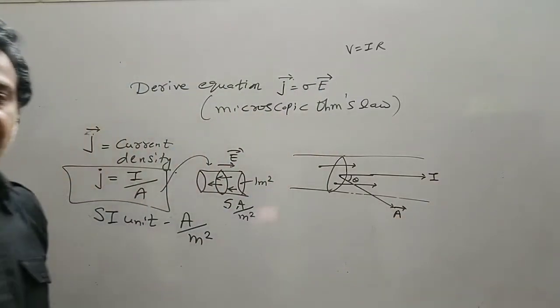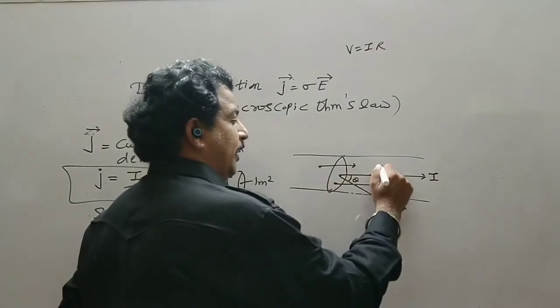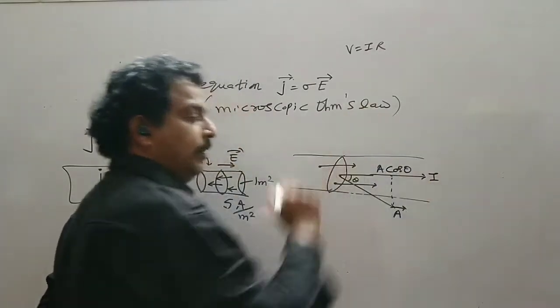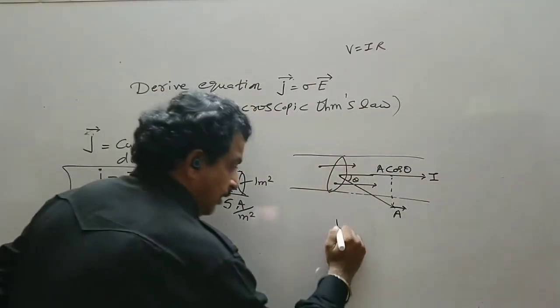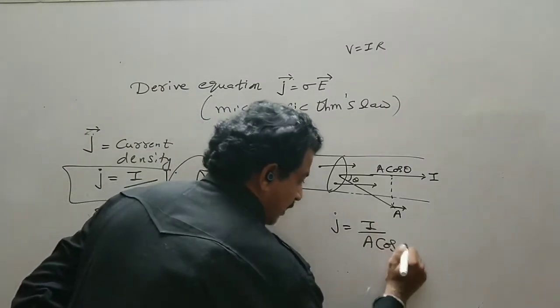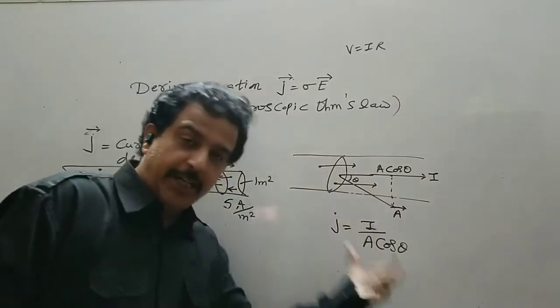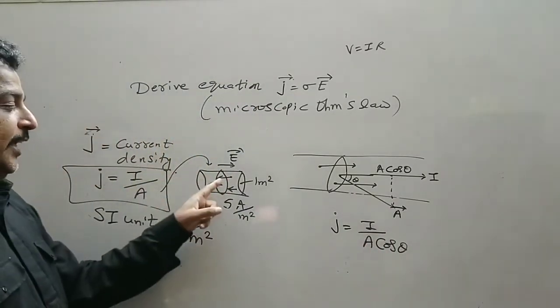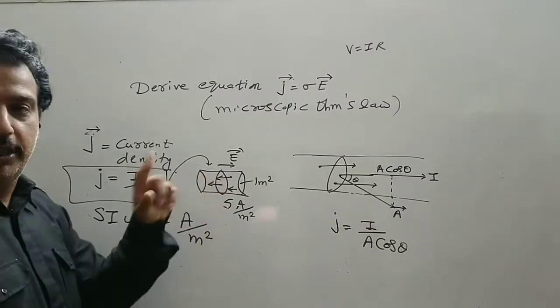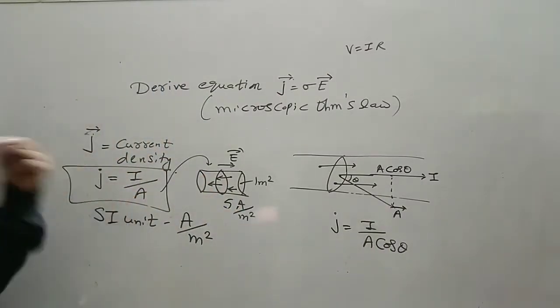This is the direction of I. So I draw a perpendicular, and its component is A cos theta. So in this situation, J is defined as I upon A cos theta, where theta is the angle between I and A. So this is the correct formula. But in the earlier situation, area vector and current make an angle of 0 degree. Cos 0 is 1. So we come to the earlier formula.